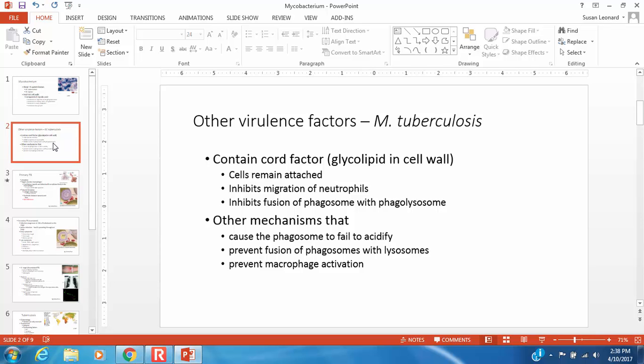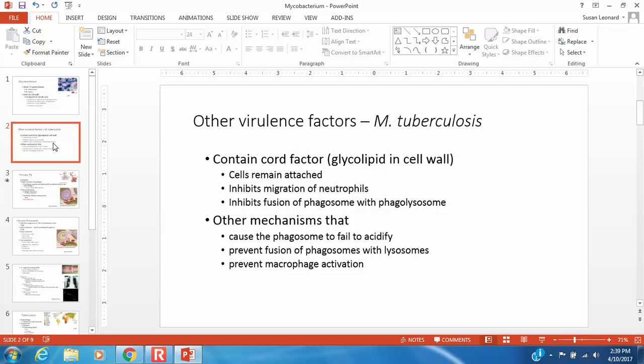So actually, Mycobacterium tuberculosis is an intracellular pathogen, just like viruses. They actually are enveloped by that macrophage and then live quite contentedly within macrophages.